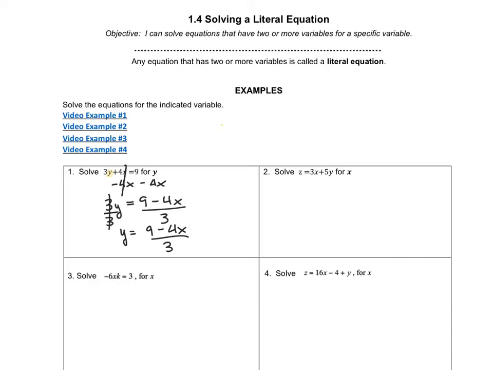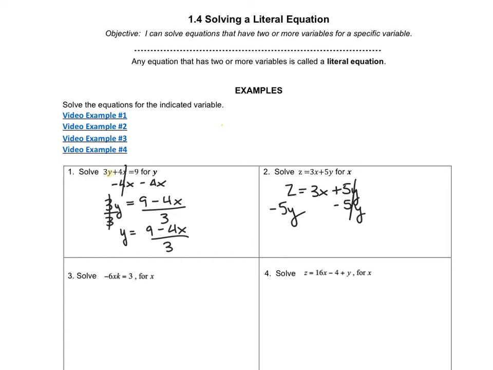So for number 2, it says solve z equals 3x plus 5y for x. So I am isolating the x. It means I have to subtract 5y from both sides of the equal sign. So I'm going to subtract 5y minus 5y.